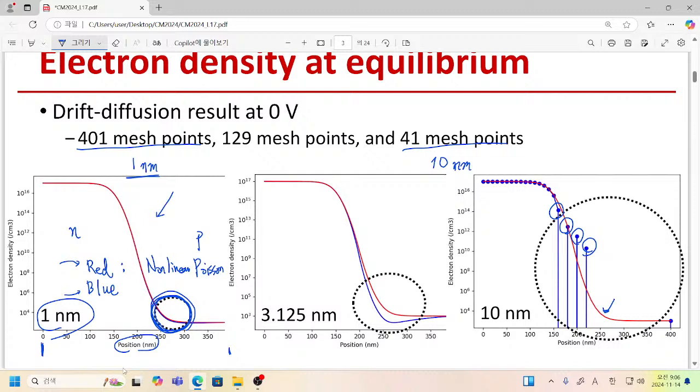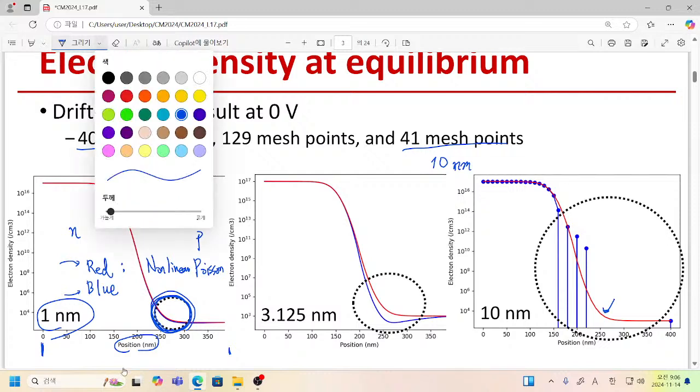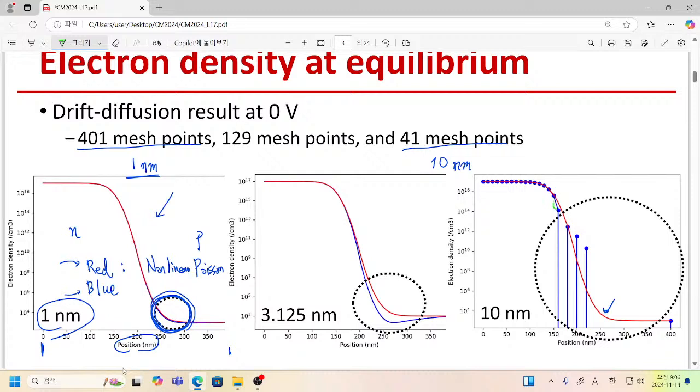You know that here we have some connecting lines between 2 points, and at this point it just dives deep into small electron density. What happens to this point?